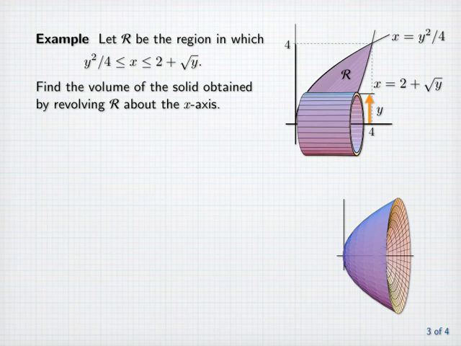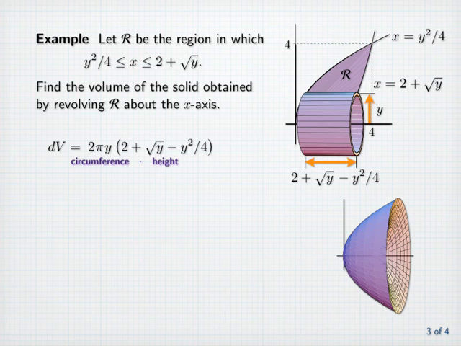Clearly the radius of the shell is y, and its length is the x-coordinate at the right end, which is 2 plus the square root of y, minus the x-coordinate at the left end, which is y squared divided by 4. So our volume differential dV equals shell circumference 2 pi y times height 2 plus the square root of y minus y squared over 4 times thickness dy.